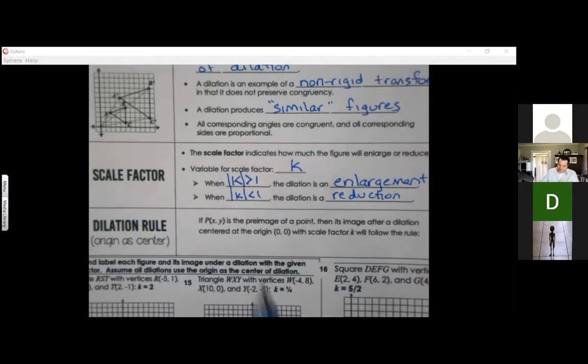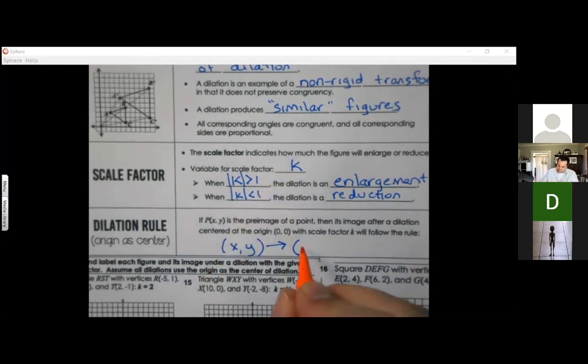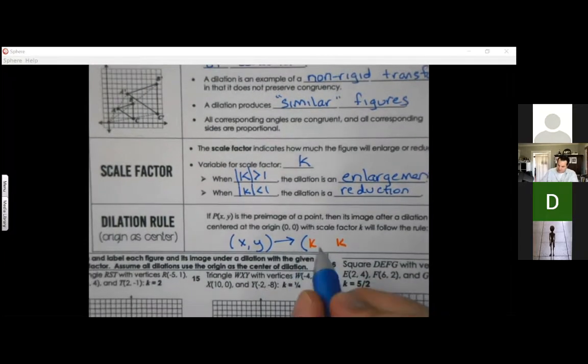And what's great about these is the rule is really easy. If you start off with X's and Y's, all the rule says is whatever that K was, you just multiply both the X and the Y by it, just distribute it across them.